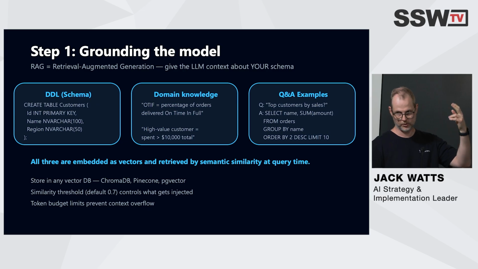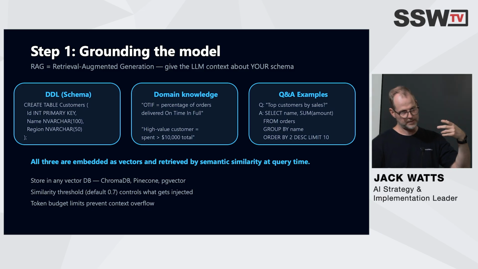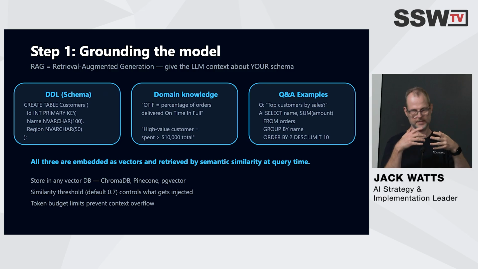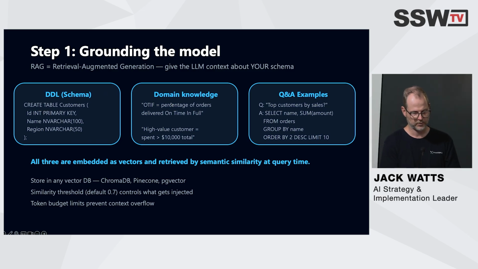So the user's referring to OTIP or high value customers or whatever else, so I know what that is. And then here are some sample queries that I've had in the past which have matched similar such queries. It's not that you're always going to get an exact match, often far from it. But as you can imagine, a big part of the grounding process is determining what your definitions are, determining what your examples are, and of course, providing the schema, which is a relatively trivial exercise since that's a deterministic system.